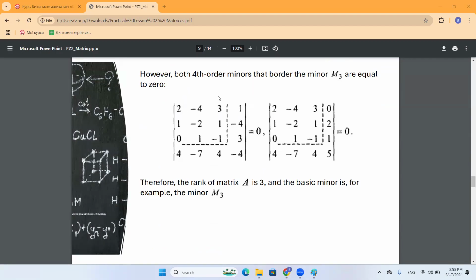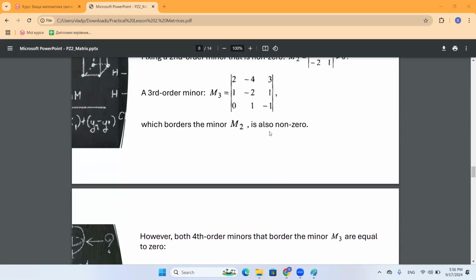We won't do it now, but let's check whether it has some properties, maybe equal columns or rows, or proportional ones, but I don't see them. If it equals 0, it means that we stop calculating the rank.